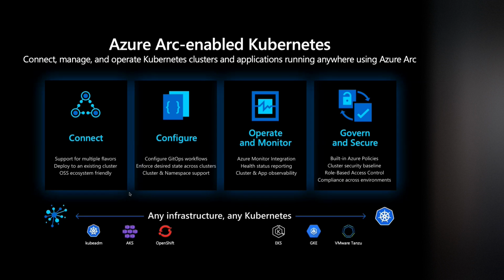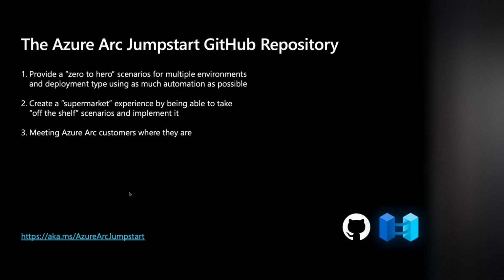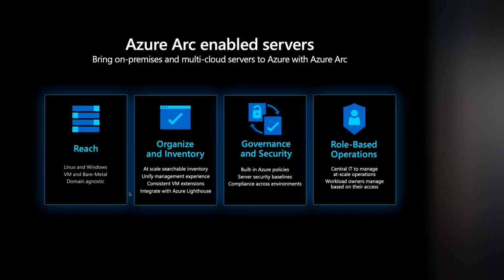Similar to Azure Arc servers and Azure Arc Kubernetes, you could also do Azure Arc data services like SQL Server or Postgres. But I would like to stop there because I just wanted to give a 10-minute overview of what Azure Arc does.